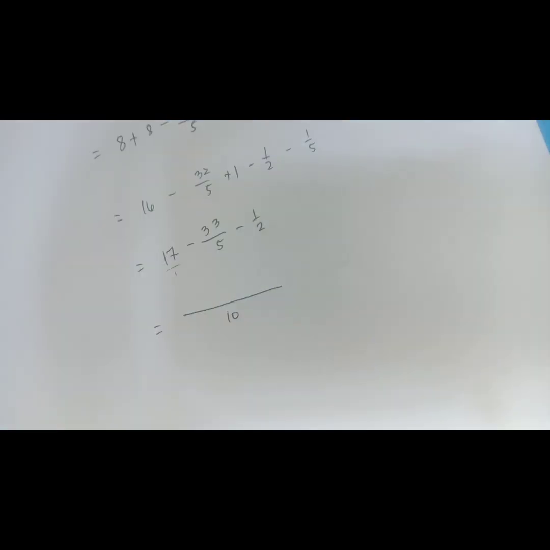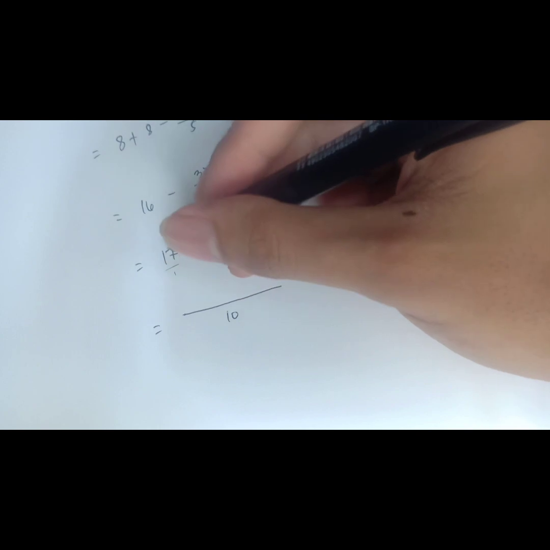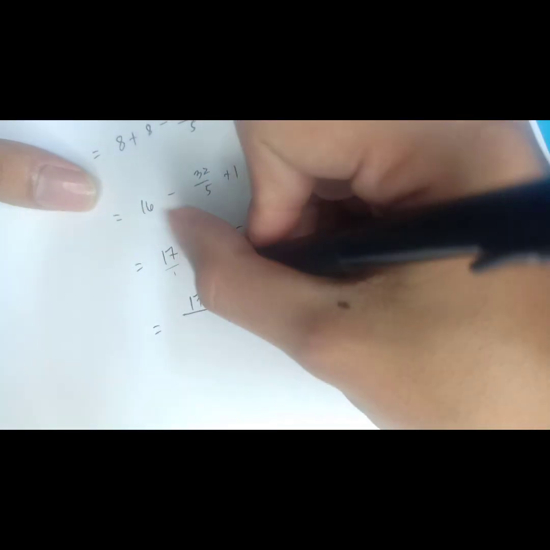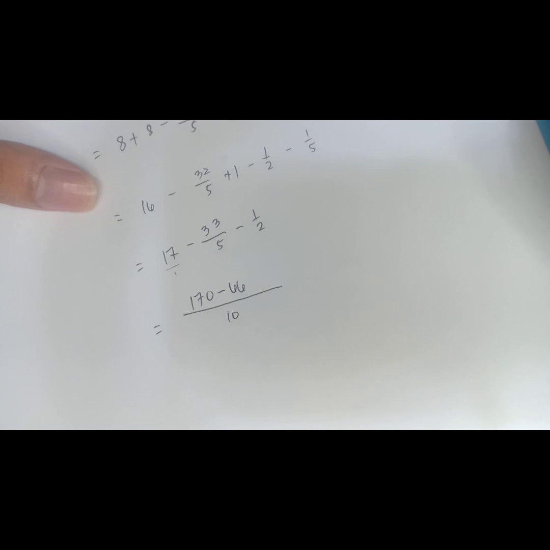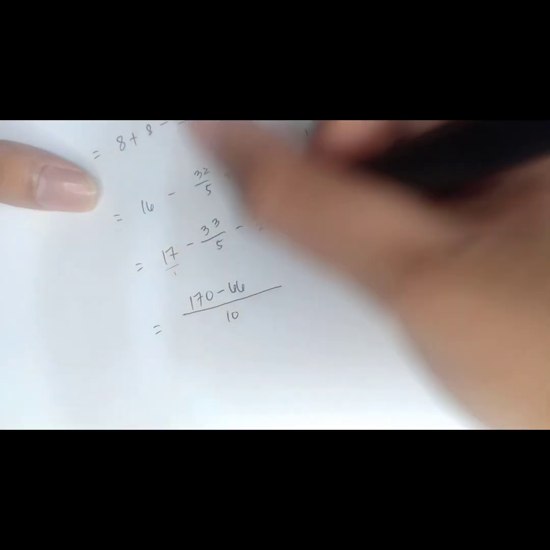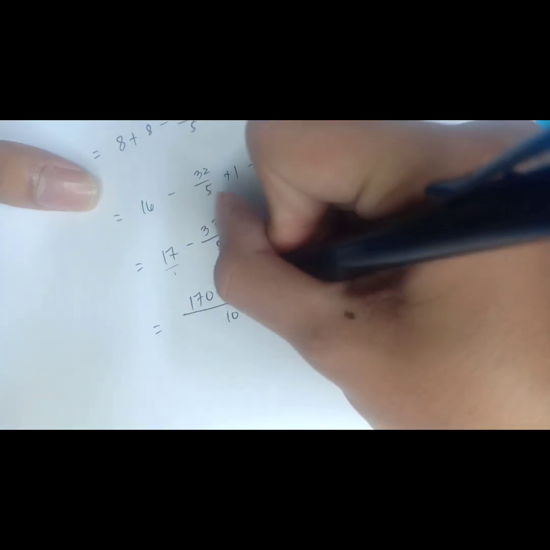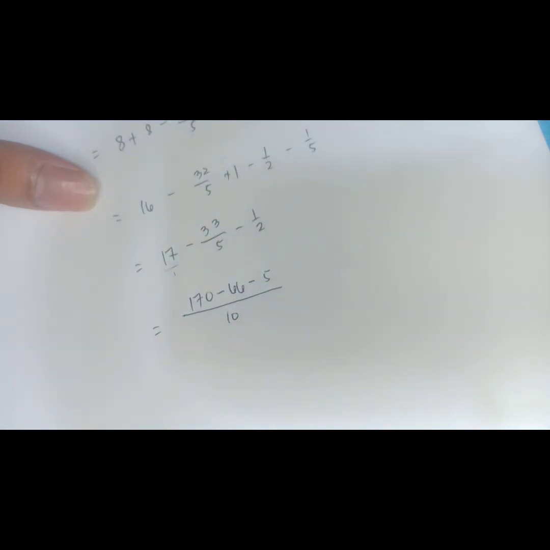So its LCD is equal to 10, so 10 divided by 1, so this can have a 1 here, so 10 divided by 1 times 17 is equal to 170, so minus 10 divided by 5 is equal to 2 times 33 is equal to 66. Then 10 divided by 2 is equal to 5 times 1, so it means 5.